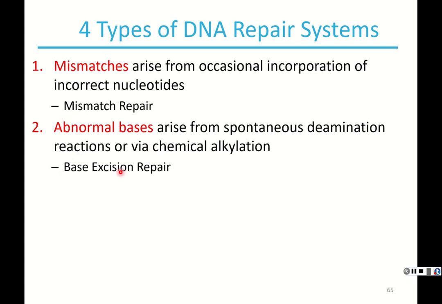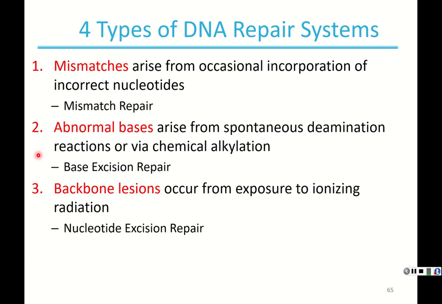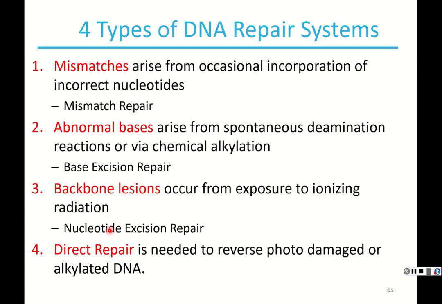And to repair those, you have to actually cut those out and insert back in the correct base. Backbone lesions occur from exposure to radiation. And again, you have to cut those pieces out to repair them. And finally, direct repair is needed to reverse photo damage or alkylated DNA.